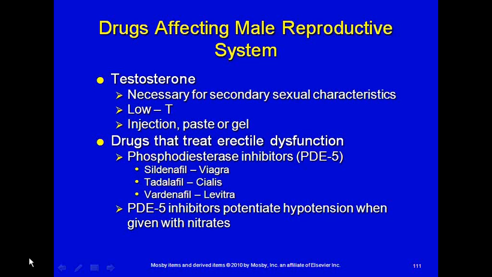They include Viagra, Cialis, and Levitra. There's a daily Cialis, rather than taking them for when the moment's right. By taking a daily Cialis, then I guess you're ready all the time.